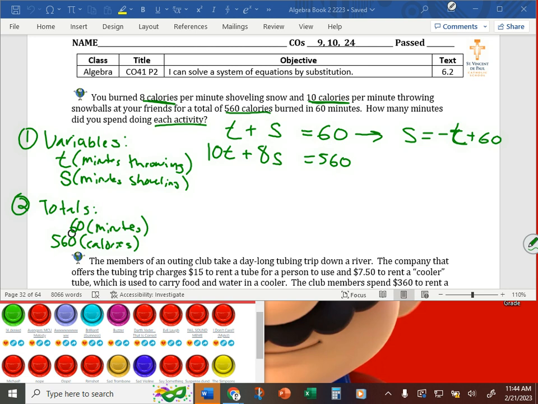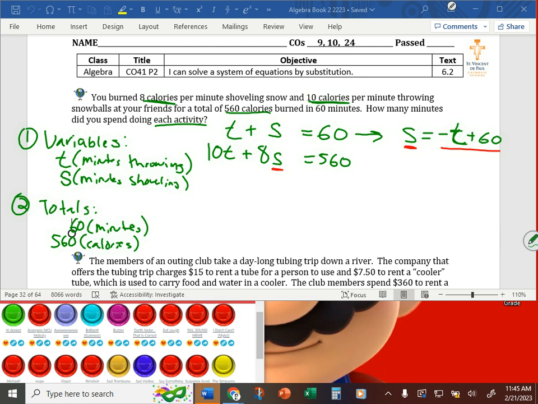Now, what do we do? Now that we've isolated S, what's our next step? Put S in the equation. Right, if S is equal to negative T plus 60, we're going to replace S in the second equation with negative T plus 60.